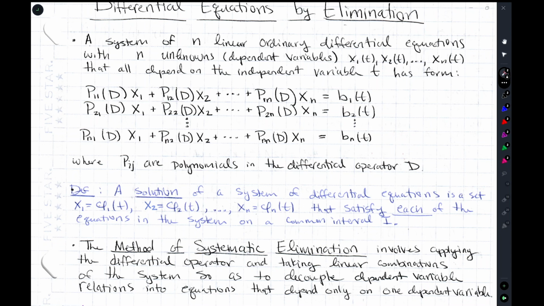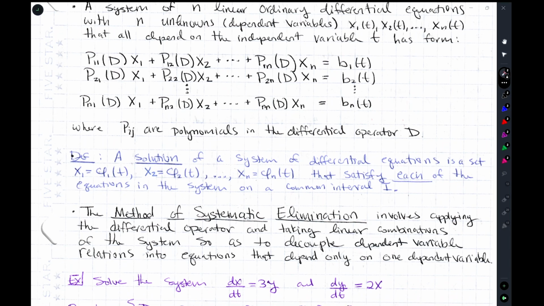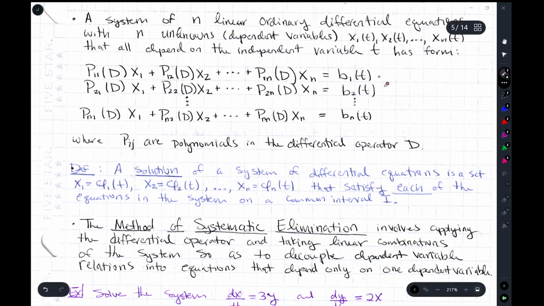So that's important. You can't just satisfy one of them. Even if just one equation has just one of the unknowns, but it shows up in other places, well, it has to satisfy all of the equations.